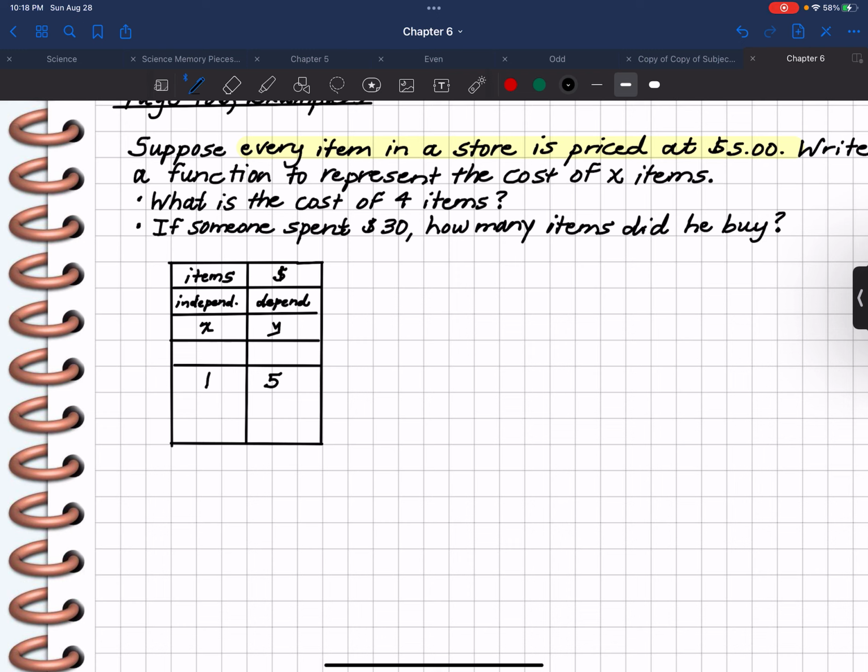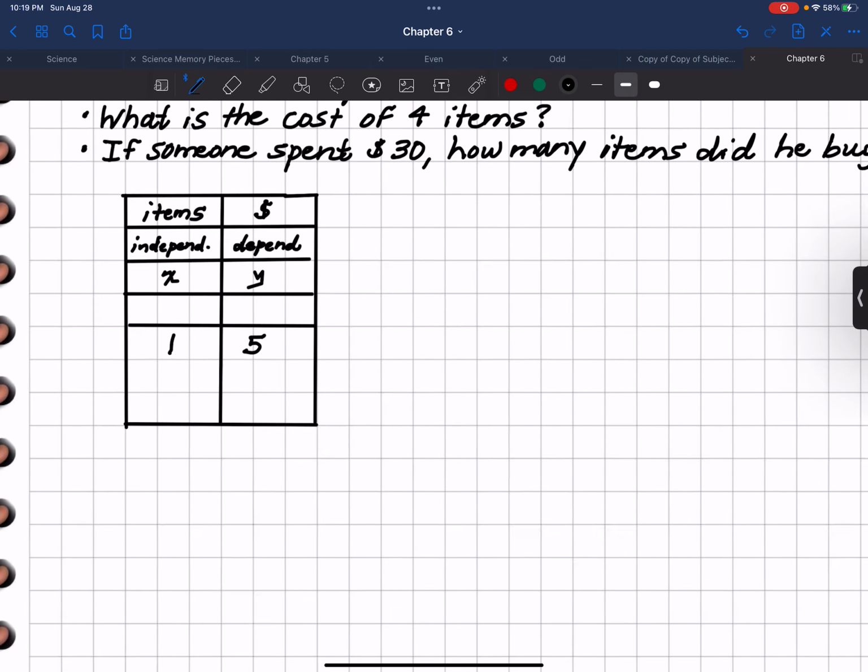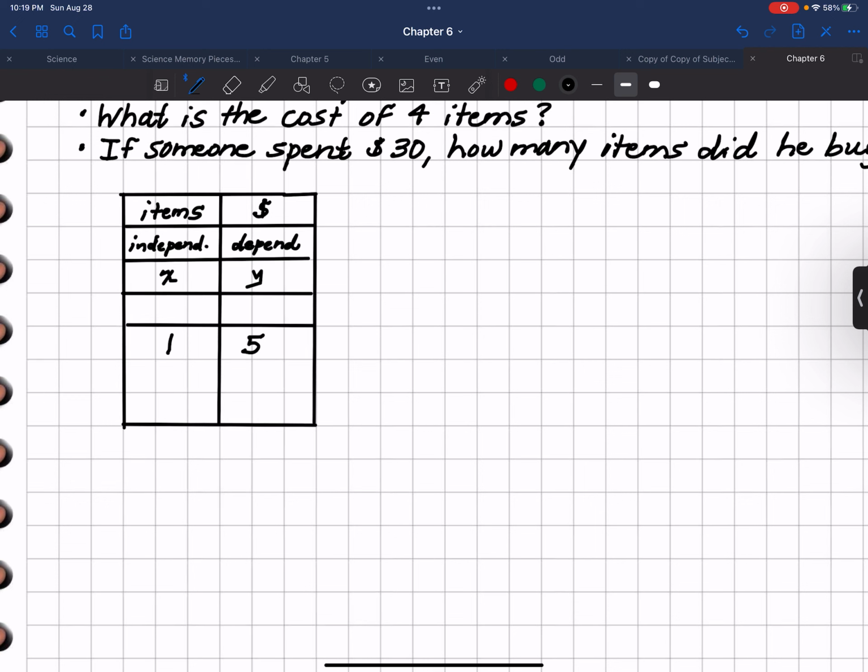Okay. Now, I know I've left this space open. Just hang on to that for a minute. And let's focus on that 1 and 5. Remember what slope is. Slope is rise over run, or y over x.